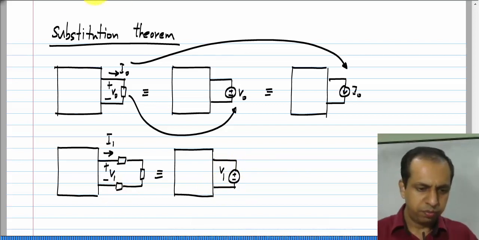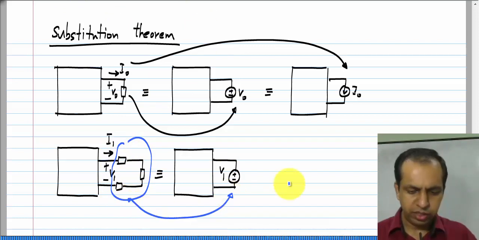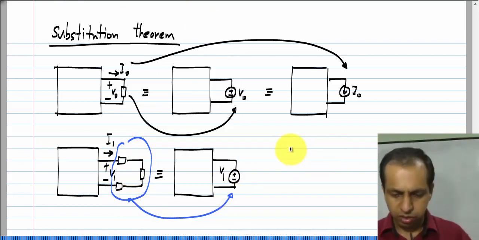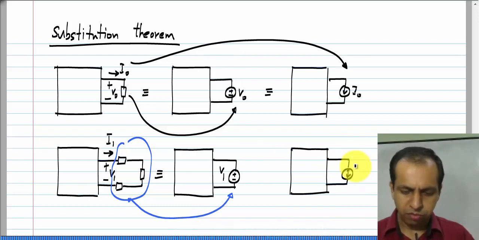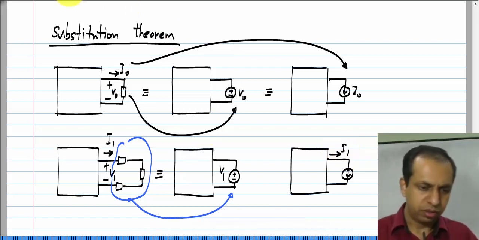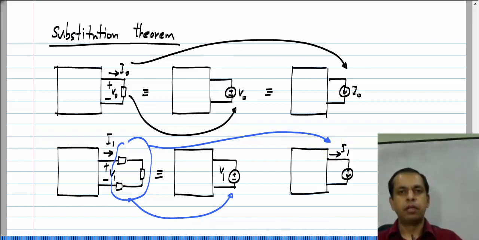So, I am replacing this whole series combination with that, or I could also replace the series combination with a current source of value I 1. So, this is the extension. What you substitute does not have to be a single component, that is the point I am trying to make here.